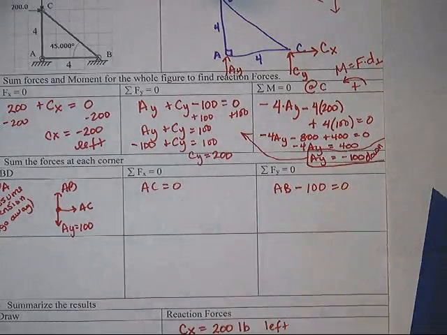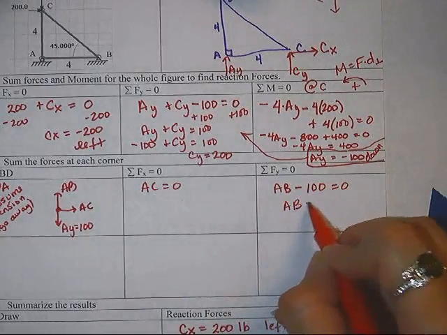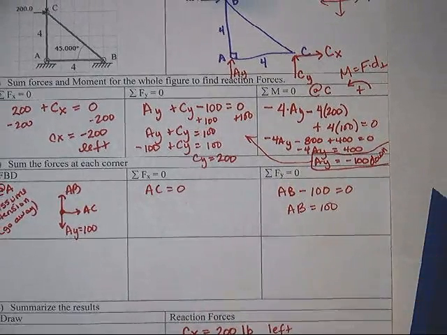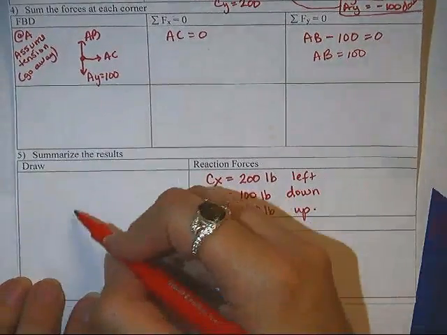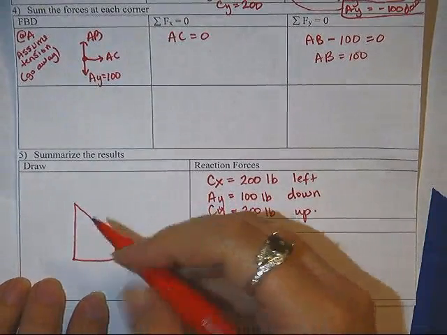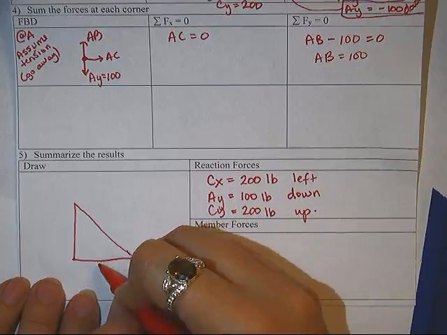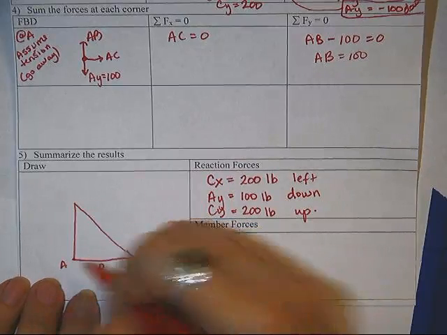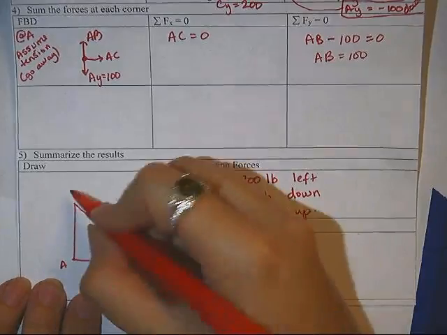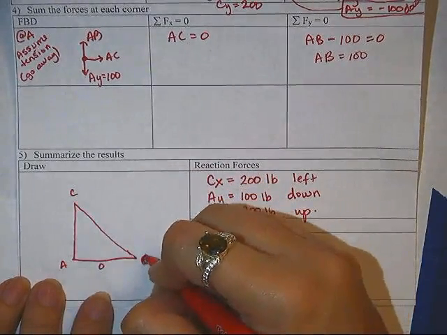So here's a little baby algebra problem. I can solve that one. Add 100 to the other side, and I find that AB equals 100. So I found two of my forces there. I'm going to draw out my little example thing here, my final answer. I know that this member here has 0 force in it. And I know I just labeled that wrong. That's C, sorry.